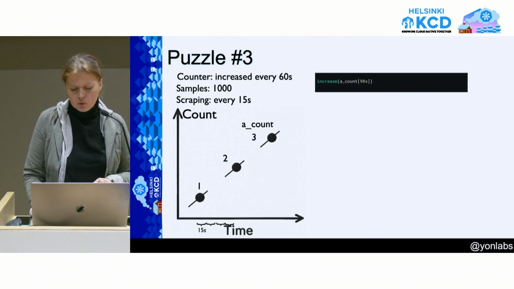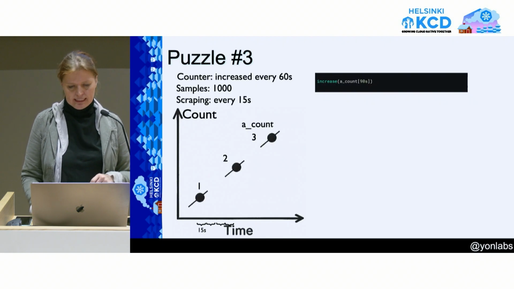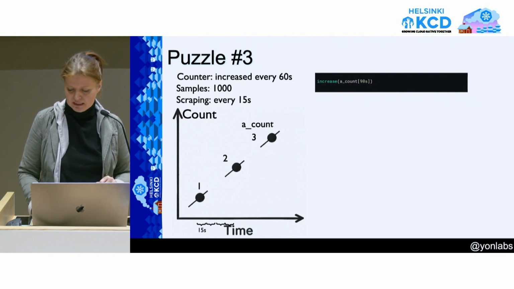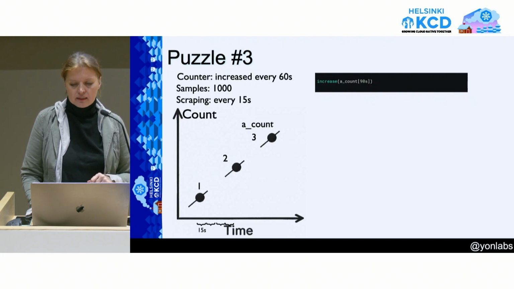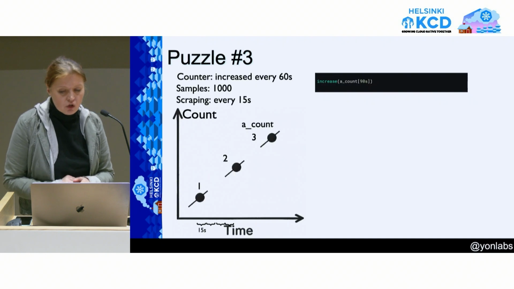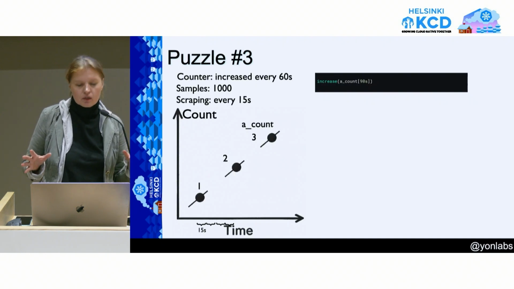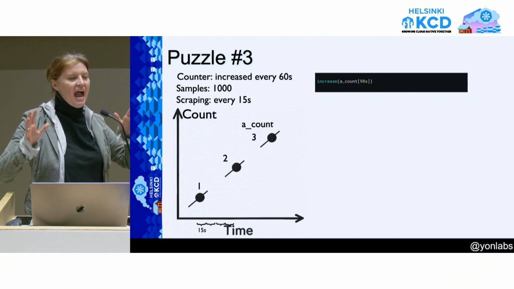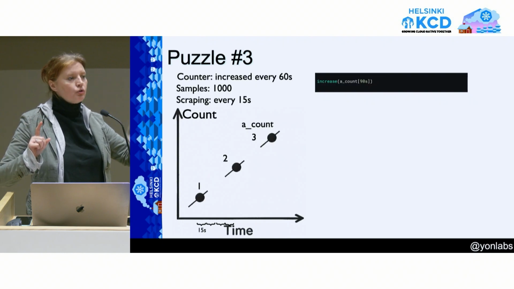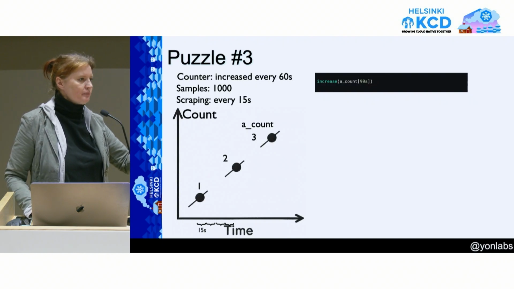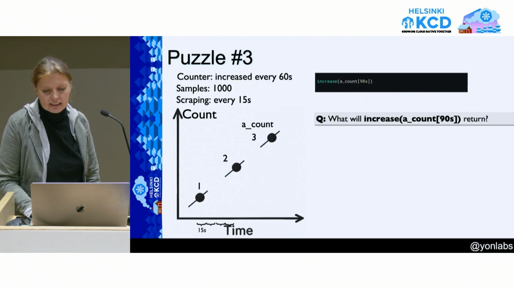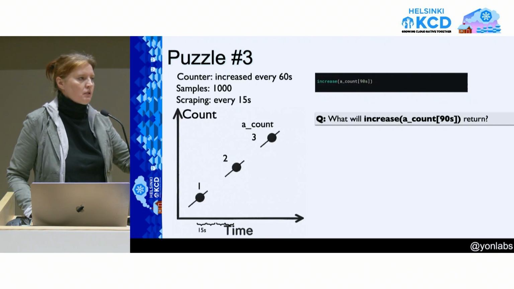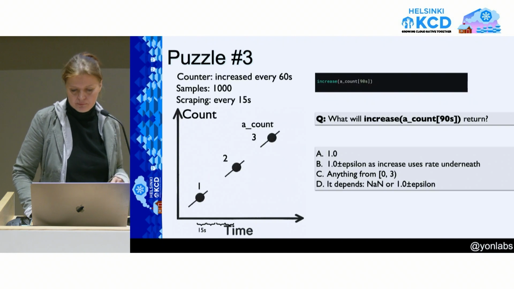And we want to see what's returned by increase of count for the interval of 90 seconds. So basically in 90 seconds, you obviously have only one increase, right? And so the question is, what will increase of count for 90 seconds return?